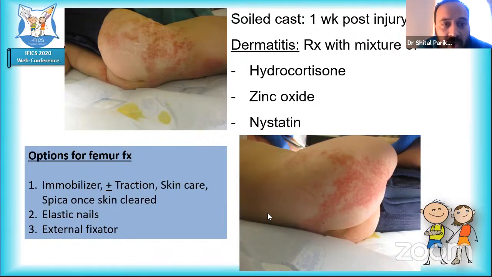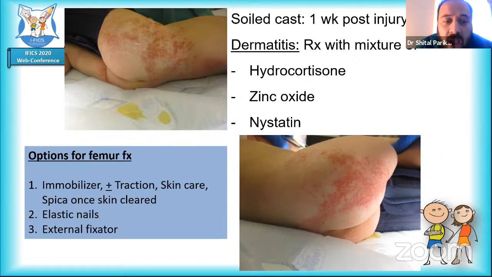What are the options now? If you have someone, I showed another similar case where there were rashes on the skin. And we have certain cases as well where there is a skin issue. So what would you do now? And we talked about elastic nailing as a backup for younger patients.